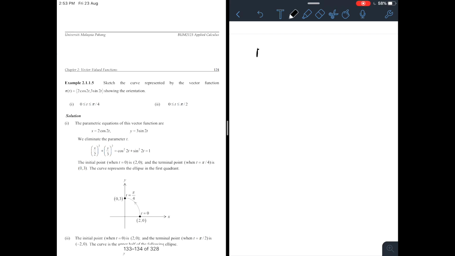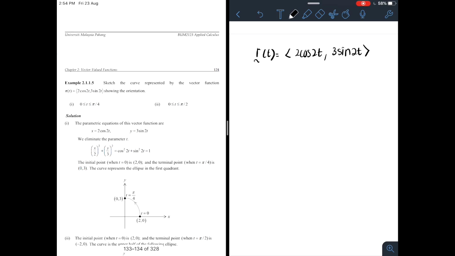In this case, vector r(t) is equal to 2 cosine 2t and 3 sine 2t. If you look closely at the coefficients, since they are not the same, you will end up with a parametric curve that looks like an ellipse.